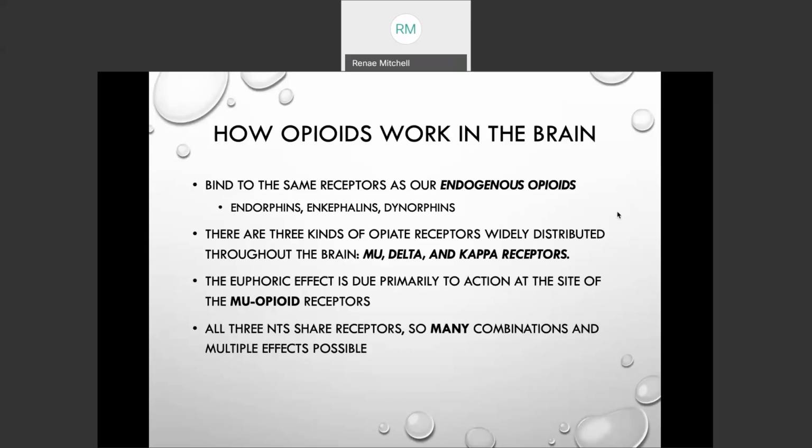experience. And there are 3 types of receptors for those substances, the endogenous opioids, that are distributed widely throughout our brain. Those are the mu, the delta, and the kappa receptors. Those different receptors have slightly different functions in terms of what they do to our bodies.